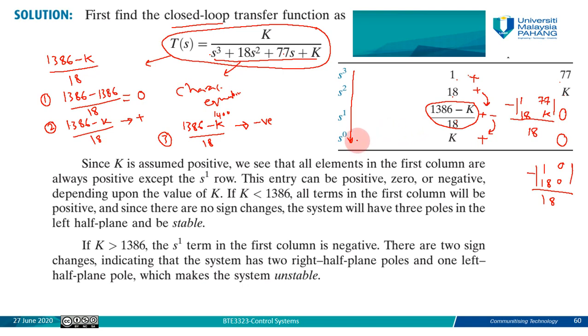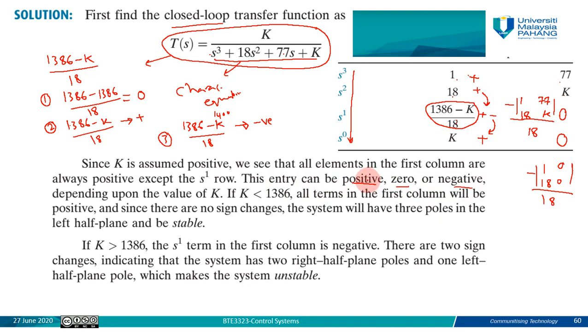Okay, so these are the three cases depending on the value of k. In all cases k is positive, greater than 0, but it can be greater than 1386, equal to 1386, or less than 1386, and for each situation the stability of the system will change. For that we said k is used to control the stability of our system. This entry can be positive, 0, or negative.